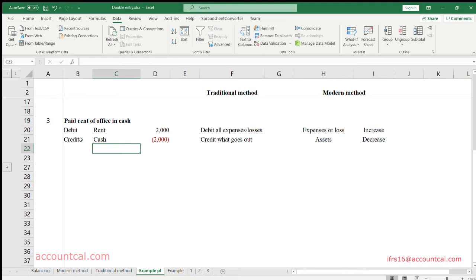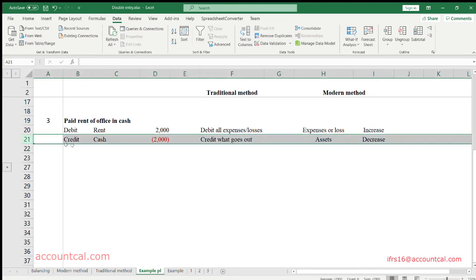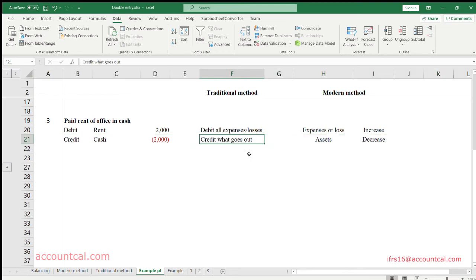We have paid cash, so we know based on our earlier learning that we credit what goes out. Cash is an asset, and for an asset the rule is credit what goes out. If it goes out, then you should credit. Same concept in the modern method. Asset has decreased, that's why you should credit that asset.